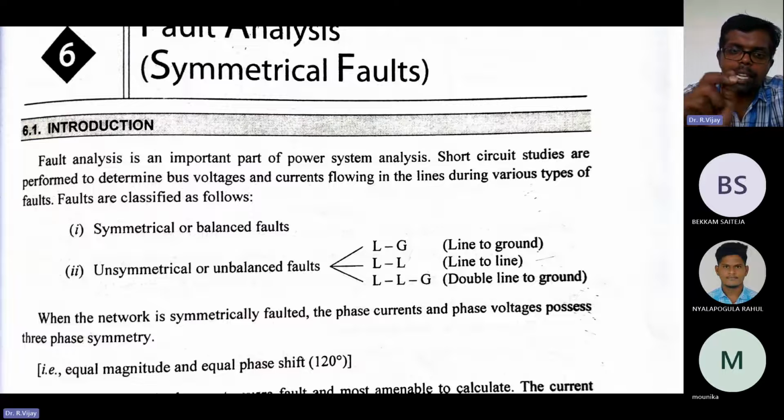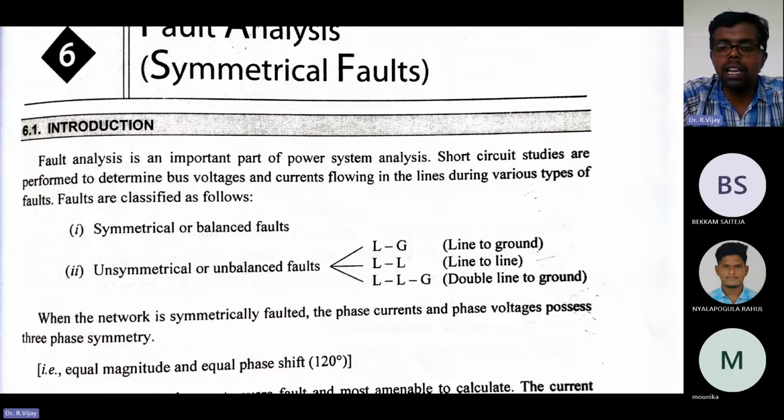For example, there is a break in one wire, but it is not falling to the ground. It simply breaks and hangs on that line itself. That is called a symmetrical or balanced fault in the line. It is also called a series fault.